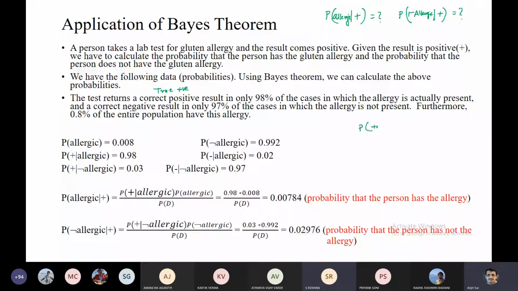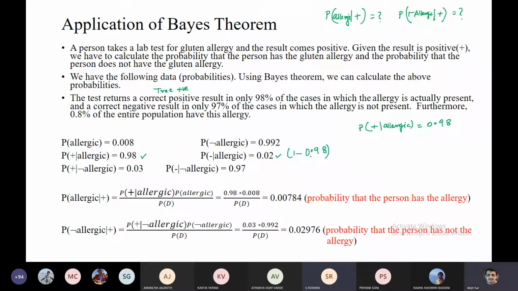It is given that the test is positive and the person is allergic, and this probability is 0.98. And if this is 0.98, what is the false positive? It is definitely 1 minus 0.98, so this is 0.02.